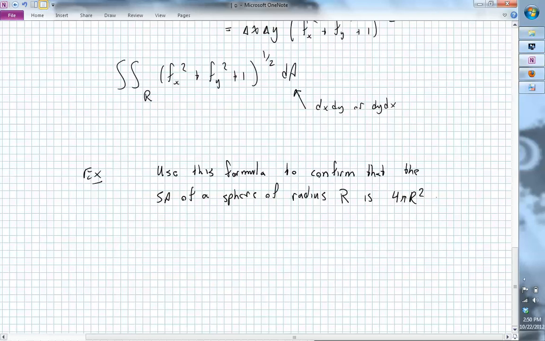Now, I just got finished mentioning that this formula doesn't work for the sphere, but it's actually a manageable hurdle. The sphere can't be written as z equals f of x, y, but how can we overcome that hurdle in this particular problem? We could compute the surface area of the upper hemisphere and just multiply by 2. So that's what we'll do instead.